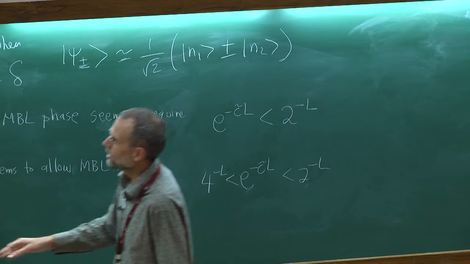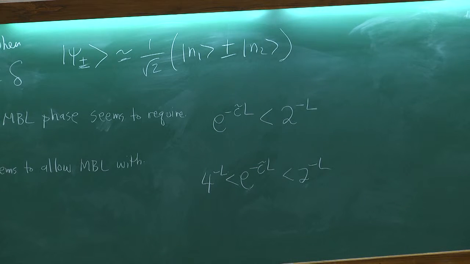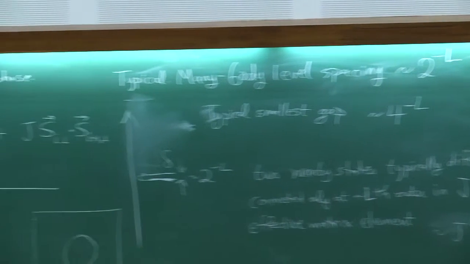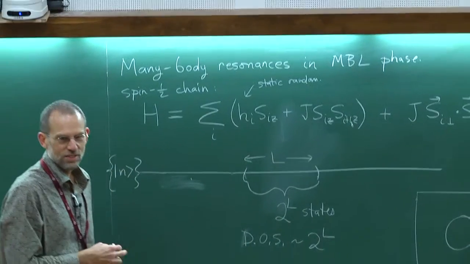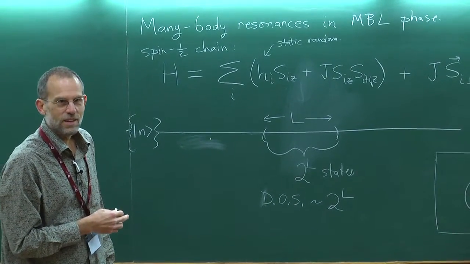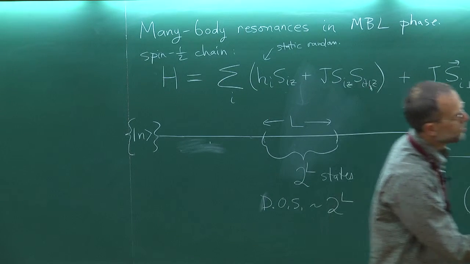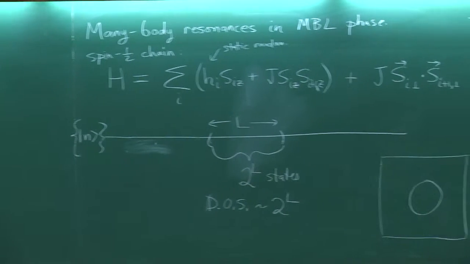But then if I go in here, I take not a typical state, but just a typical Hamiltonian, and I look in this region of length L, and I look at all the eigenstates in that interval, I will find a resonance, right? Because there will be many pairs of states.